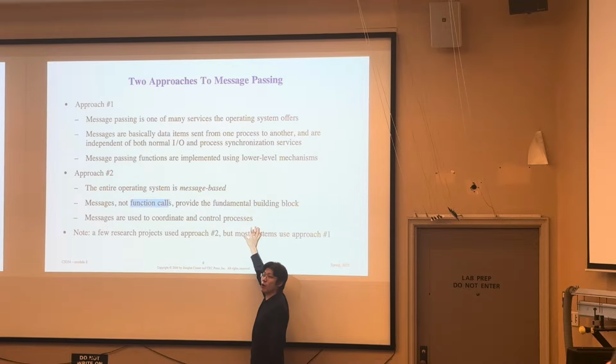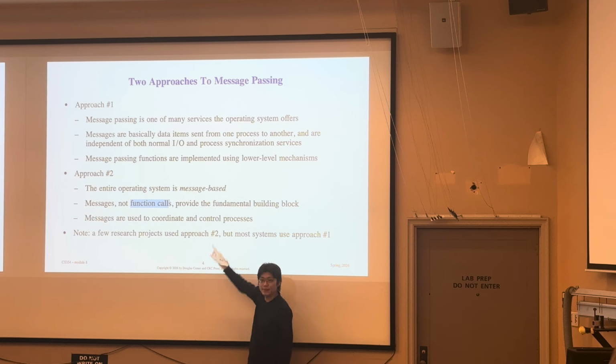So it's a more fine-grained modularization of the OS. Each component is a process by itself, and these components communicate with each other through messages instead of function calls. The downside is that message passing is much slower than a function call.